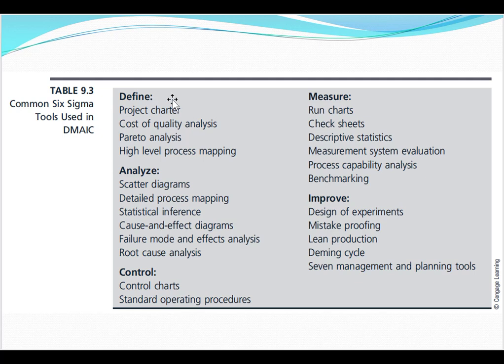For example, in the define phase, there is a project charter that essentially is the rules of what it is that you want to do for this particular project. So the project charter can be written. The cost of quality analysis must be done. How much is it costing us right now? How much improvement do we want to accomplish, etc. Pareto analysis, high-level process mapping.